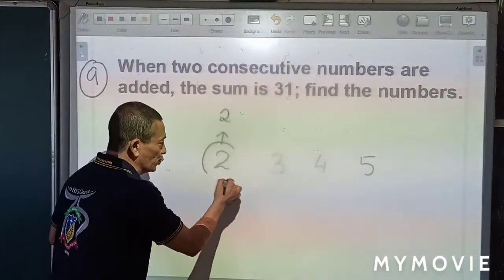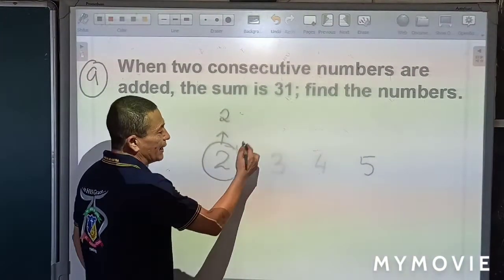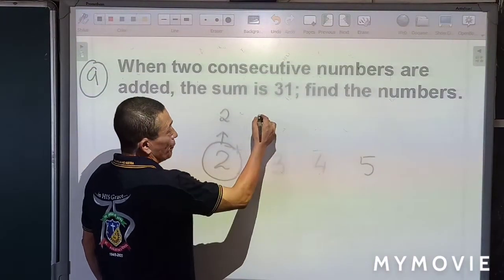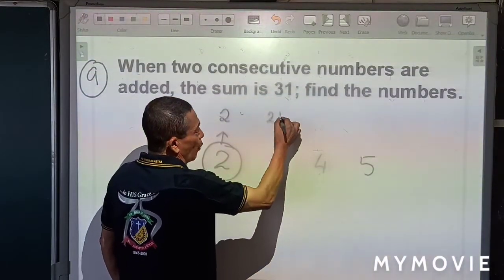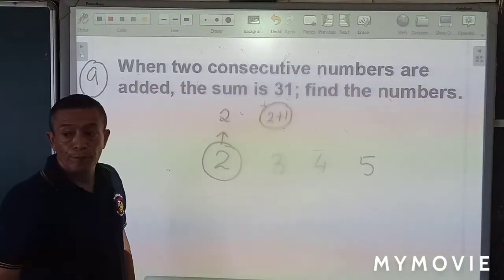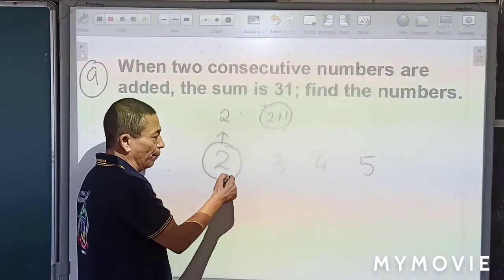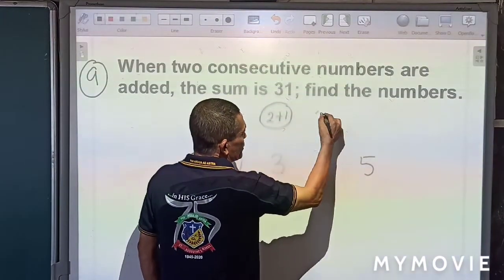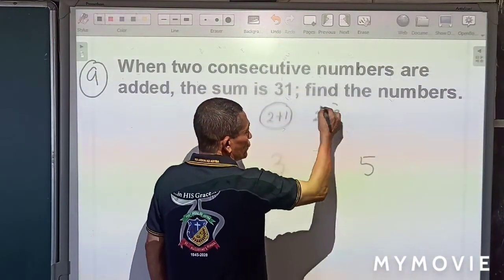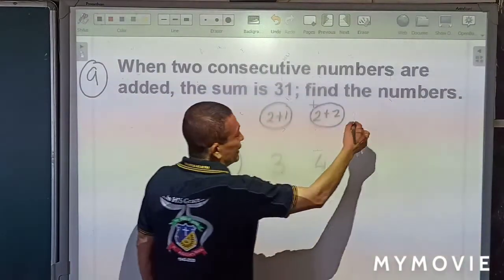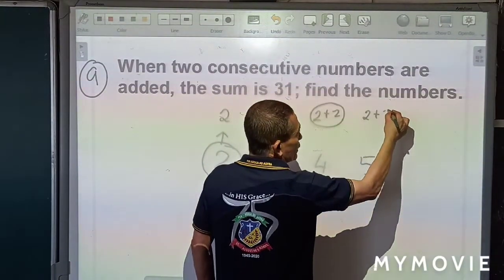Knowing this number 2 here, how do I get 3? So, 3 is 2 plus 1. If I want to get 4 by knowing the first number here, this becomes 2 plus 2. So we get 4. Similarly, 5 will be 2 plus 3.